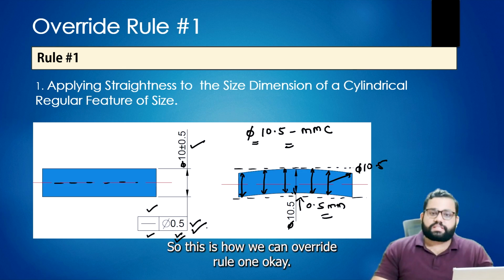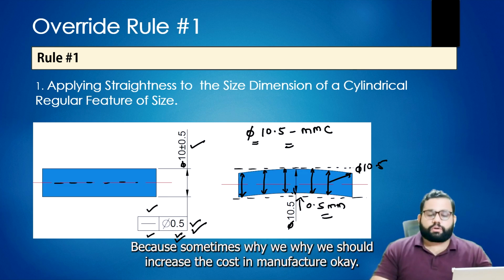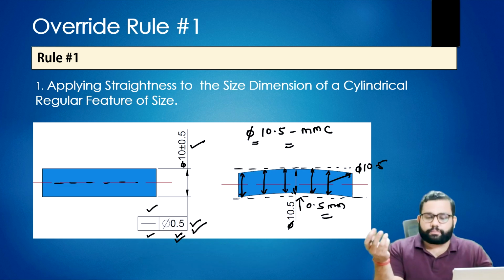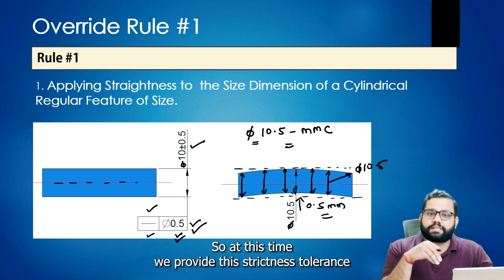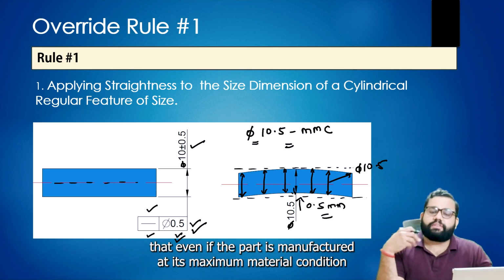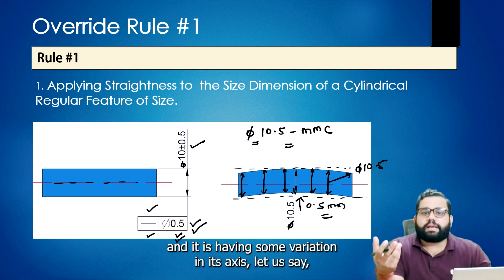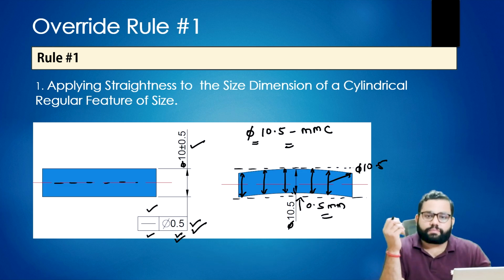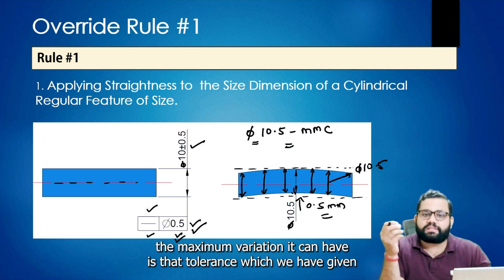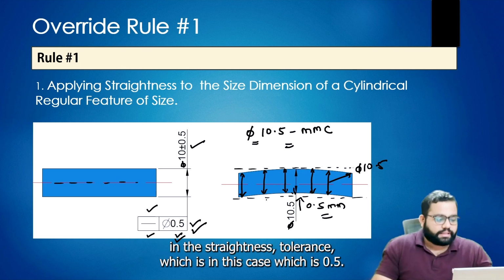So this is how we can override rule 1, because sometimes we should not increase the cost in manufacturing. At this time we provide this straightness tolerance, so that even if the part is manufactured at its maximum material condition and it is having some variation in its axis, the maximum variation it can have is the tolerance which we have given in the straightness tolerance, which in this example is 0.5.